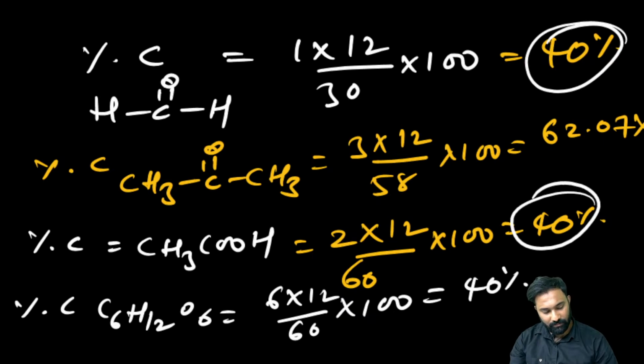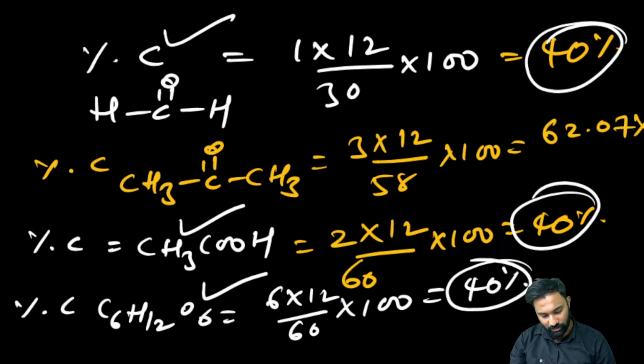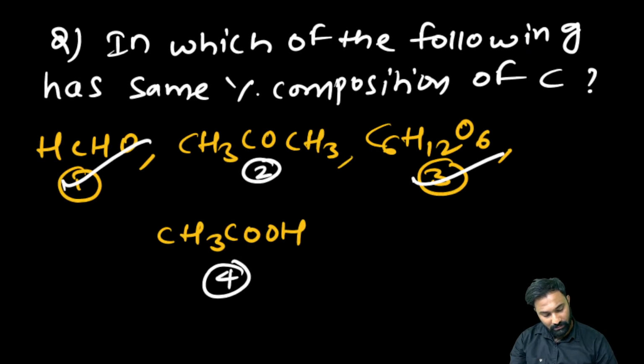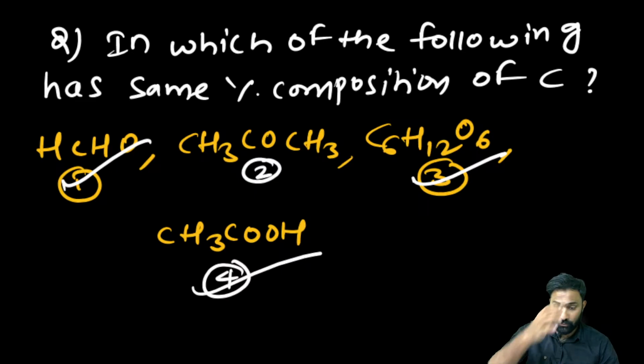So in formaldehyde, acetic acid, and glucose, the answer will be 1, 3 and 4. In 1, 3 and 4 we are having the same percentage composition of carbon.